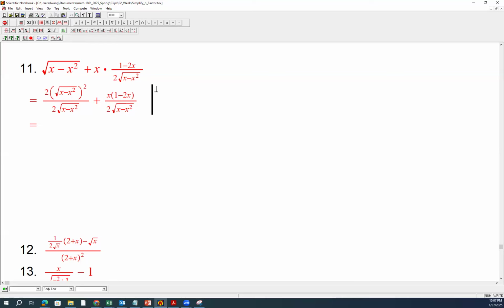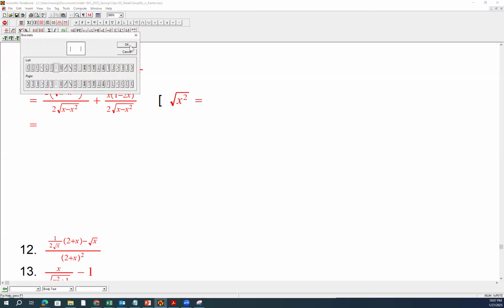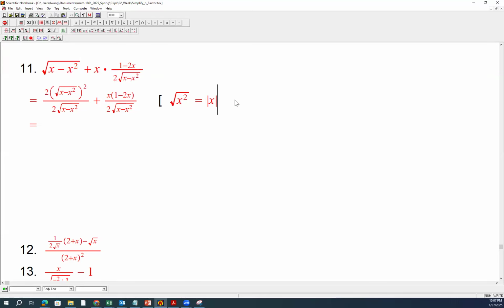For that, I wish to remind you of these facts. If you have root of x squared, it's going to equal the absolute value of x. But if we have root x and the square is outside, that equals x.